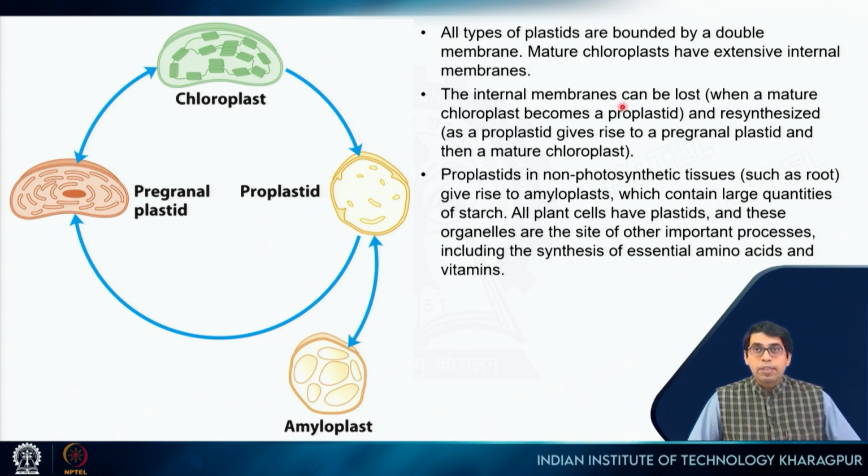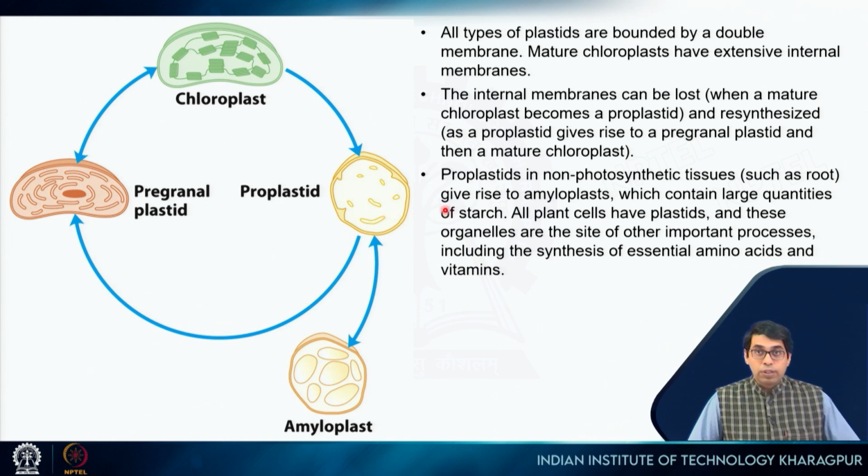The internal membranes can be lost, as you see here, when a mature chloroplast becomes a proplastid, which is this, right, and resynthesized. So, they can be resynthesized, right, but it does not go like this, but in this pathway where it goes to this pregranule plastid, right. So, a proplastid gives rise to a pregranule plastid and then a mature chloroplast.